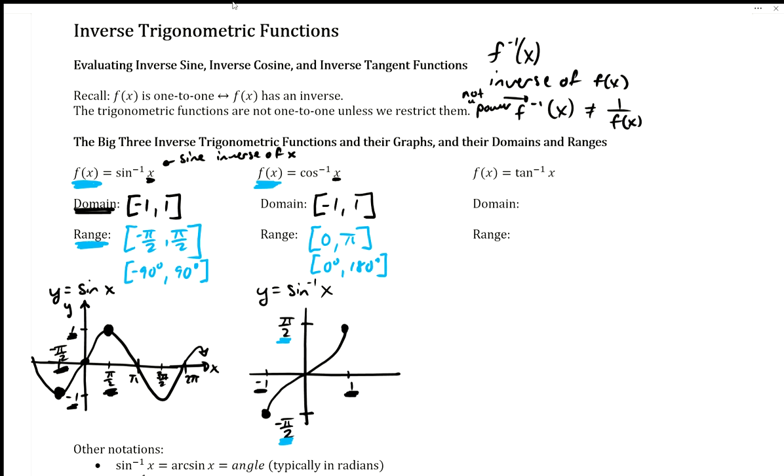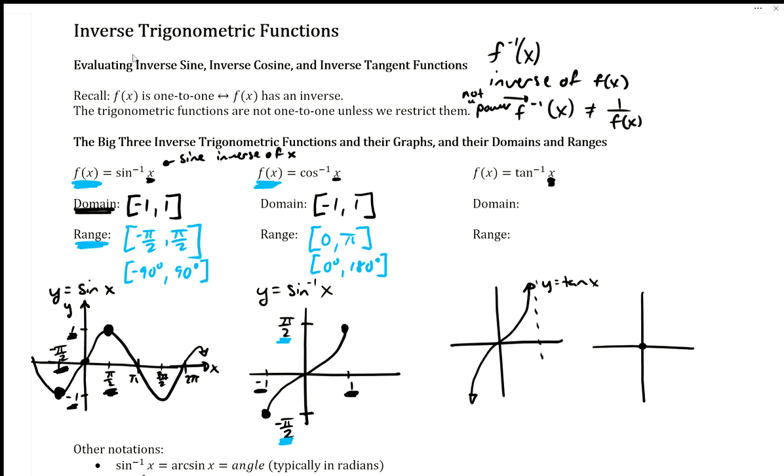And then the tangent inverse. Tangent inverse, its domain, you can plug in whatever you want into the tangent inverse. Here's our tangent function. Let's go ahead and sketch that real quick. There's y equals tangent of x. The inverse function, let's actually sketch that.